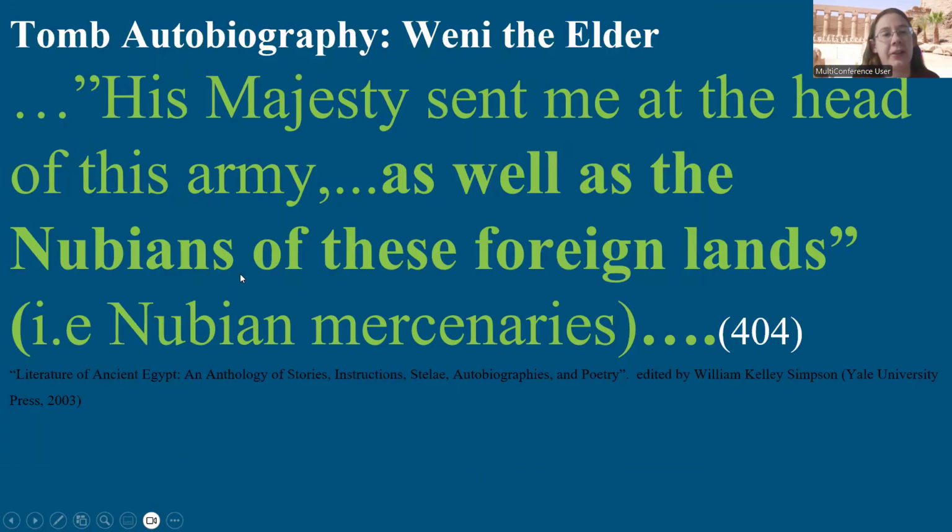And then this is a translation of part of that autobiography from a book that I also really recommend if you want to dive into the variety of Egyptian literature, called Literature of Ancient Egypt: An Anthology of Stories, Instructions, Stele Autobiographies, and Poetry by William Kelly Simpson.